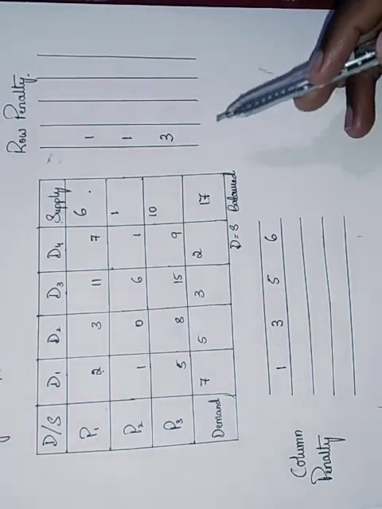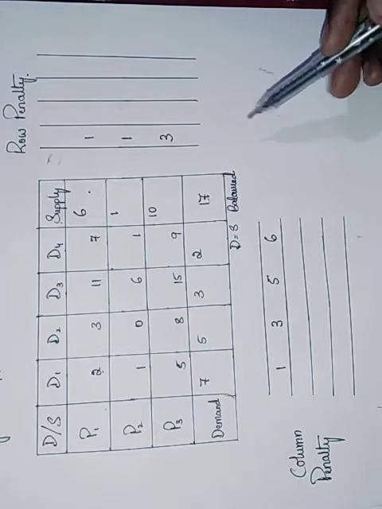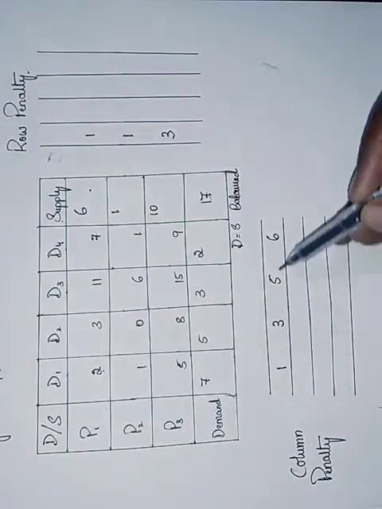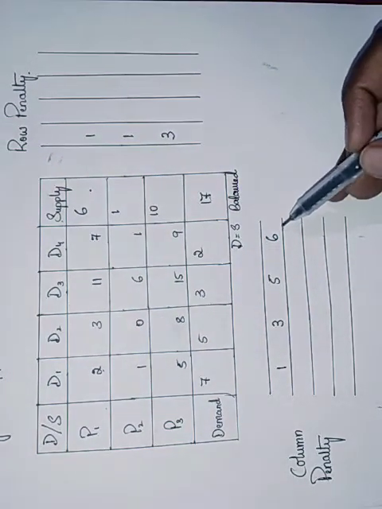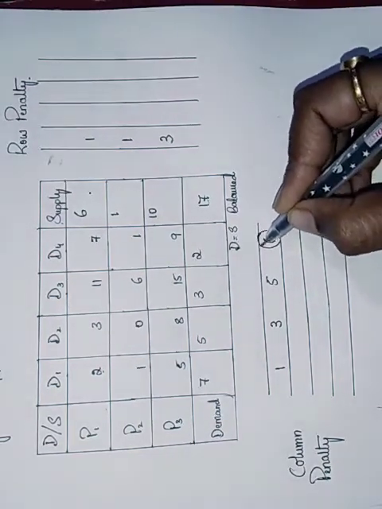So this is the first step in Vogel's approximation method. The next step, after identifying the penalties, is that among the identified penalties we have to select the penalty which has the highest value.